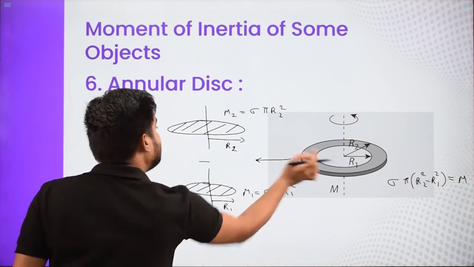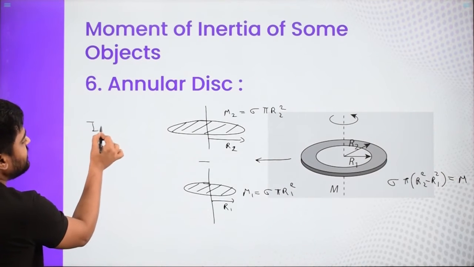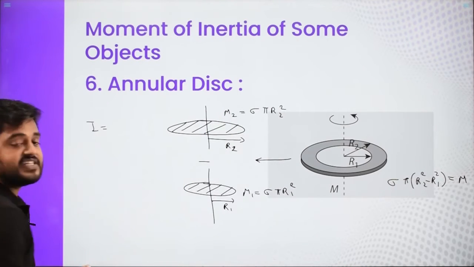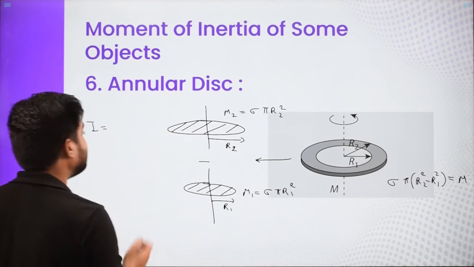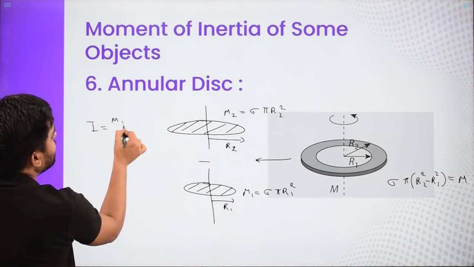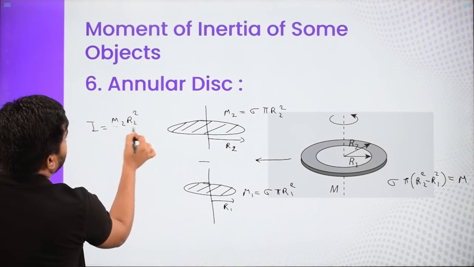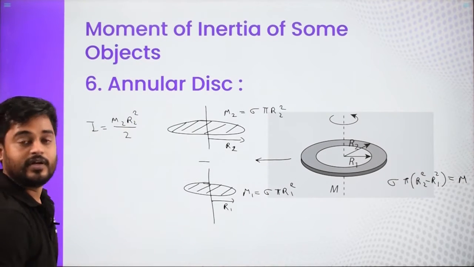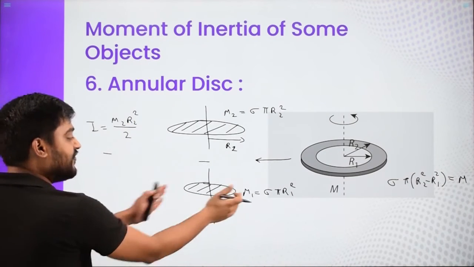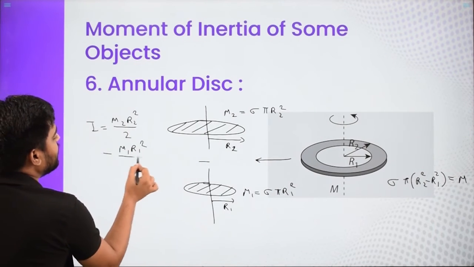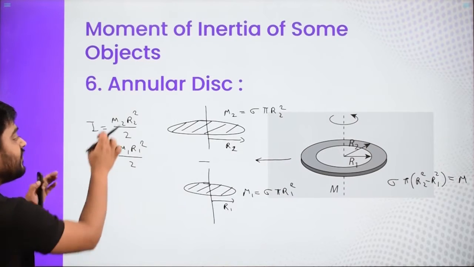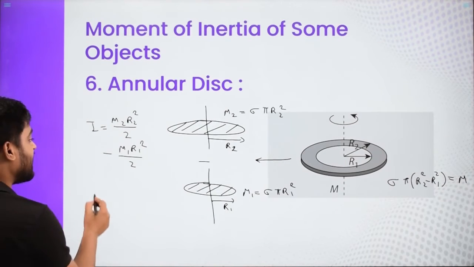So I'll say moment of inertia of this one is nothing but moment of inertia of this, which is, what is the moment of inertia of a disk? It is mr square by 2. So it is going to be m2 R2 square by 2 minus moment of inertia of this, which is m1 R1 square by 2. We need to put the values of m2 over here because other things are already known.